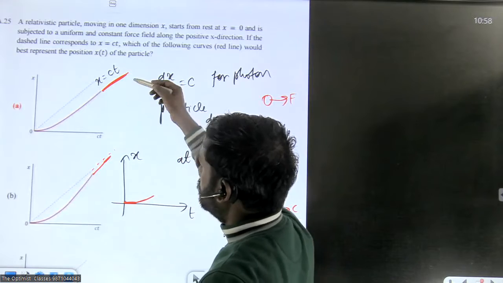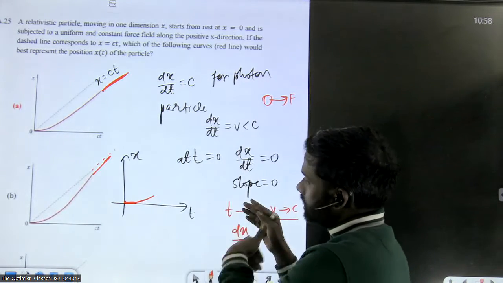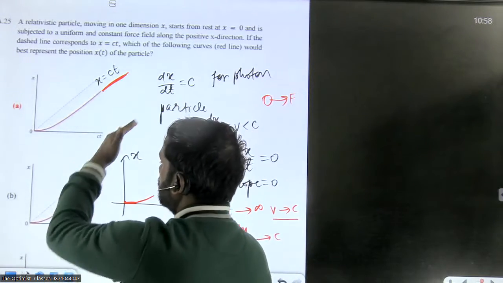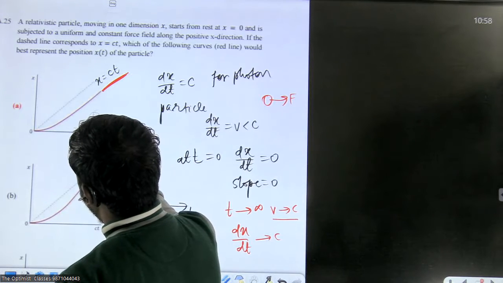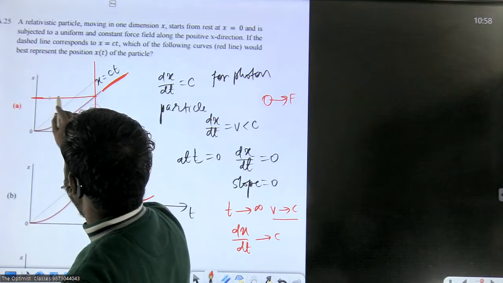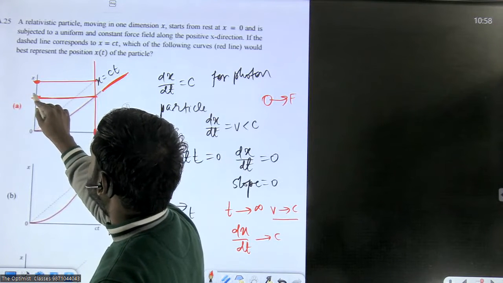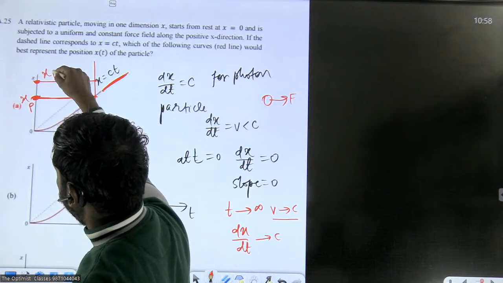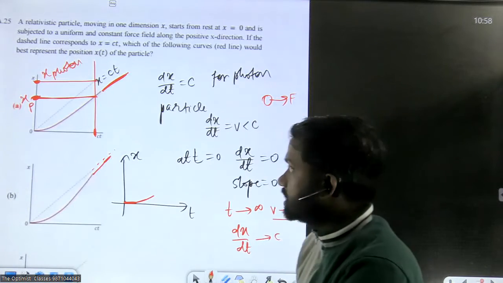But since initially the particle had a smaller speed, the distance covered by the particle will be smaller. Even for a very long time t, this will be the distance covered by the particle, this is x for the particle, and this will be x for the photon. So the distance covered by the photon will always be greater than the distance covered by the particle.